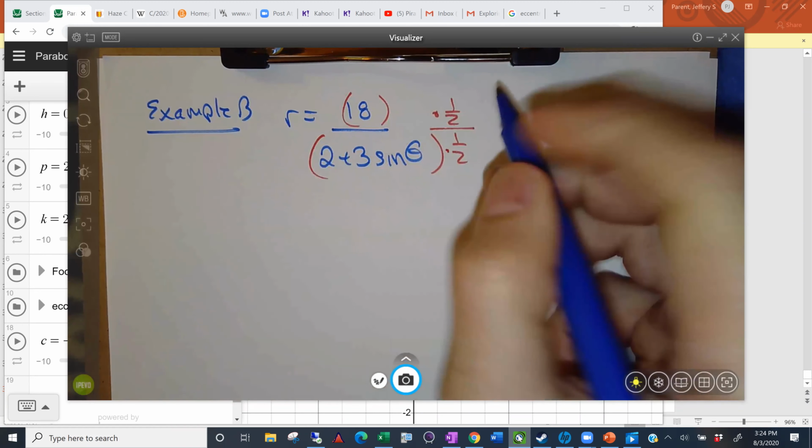Okay, nice. Let's find a few things here. We're going to find what type of conic section this is. We're going to find the eccentricity. Maybe I should write those in a different order. We're going to find the directrix.